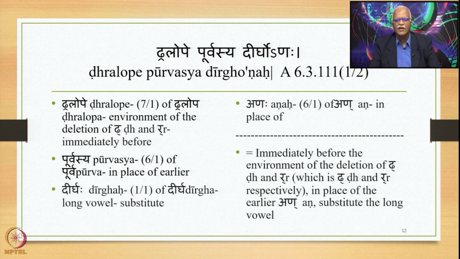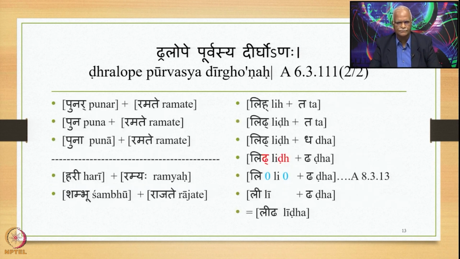I repeat, immediately before the environment of the deletion of dh and ra, in place of the earlier an, substitute the long vowel. So here are the examples. Punar plus ramate, we had seen this example. Because of rori, this ra gets deleted, and so we have puna plus ramate, and now this ra is the environment because of which the earlier ra got deleted.